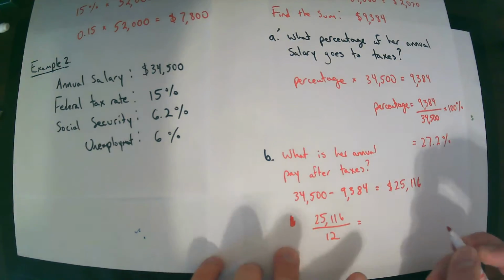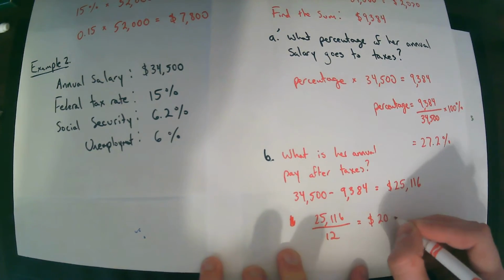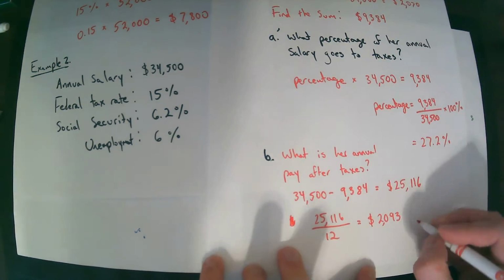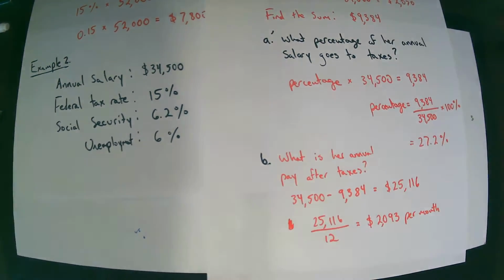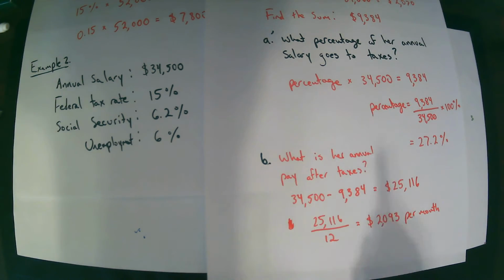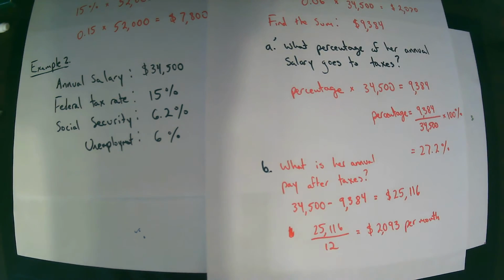This is divided by 12, going to give us an answer in dollars of $2,093 per month, to emphasize that that is the monthly pay. Monthly take-home pay after taxes. This is the number she would want to base her monthly budget on.